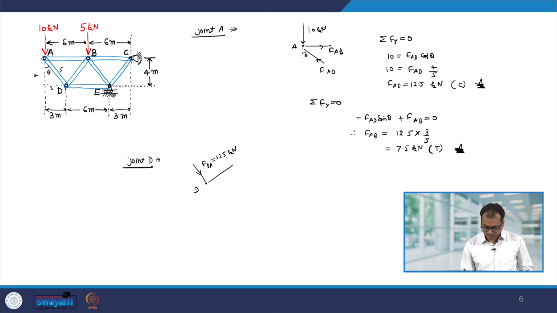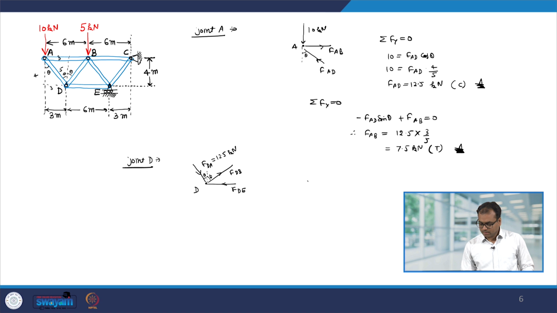So, let us put the other force FDB and FDA, and let us say these angles are theta. So, again you can find out what is theta. So, what we are saying is this angle is theta and this angle is also theta, and cos theta and sin theta I can find out because this is 3 and the other length is 4.